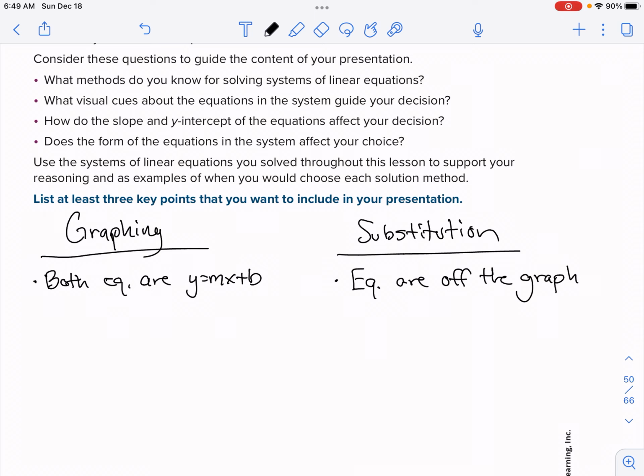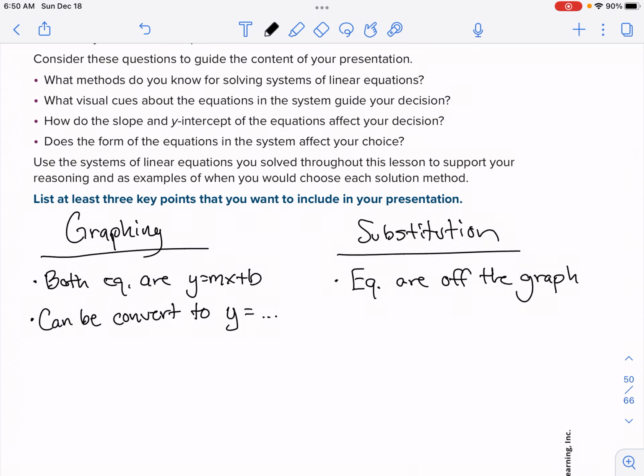Okay, now for graphing, we did use graphing when they weren't in slope-intercept form, but they can be easily written in slope-intercept form. So we'll say converted to, instead of writing that, I'm going to put y equal to, where I can easily solve for y.